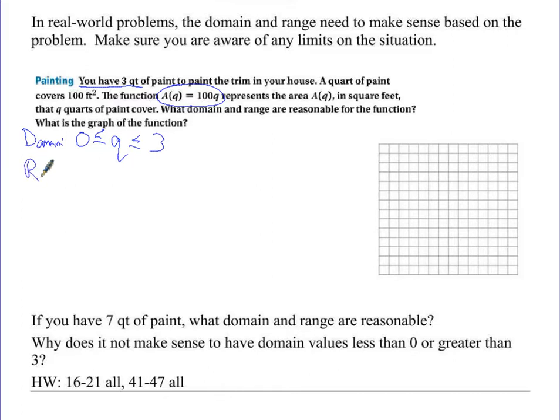So the range is going to be fairly easy to calculate, actually. Once you have the domain, just take these 2 numbers that you have here and plug them in. If I use 0 quarts of paint, how much area did I paint? 0. So the range is going to be between 0 and, if I use all 3 quarts of paint, how much area did I cover?